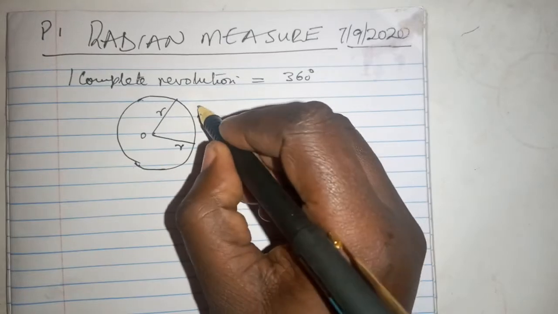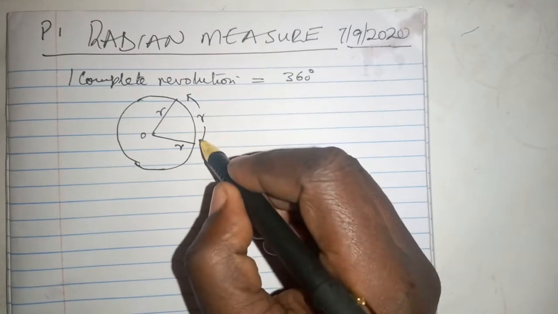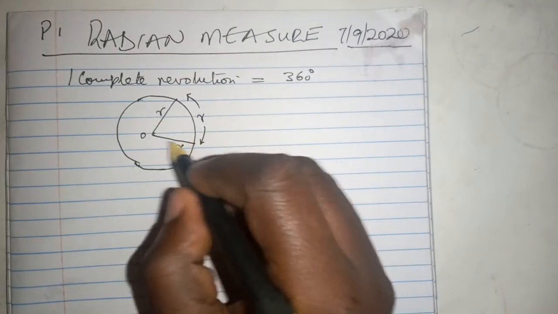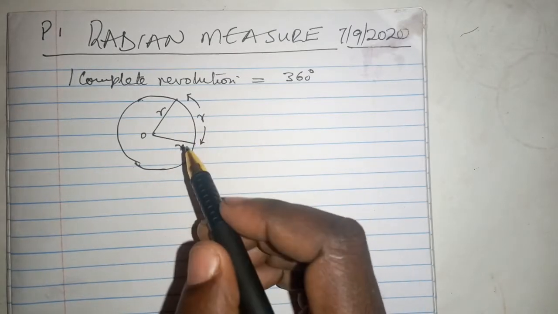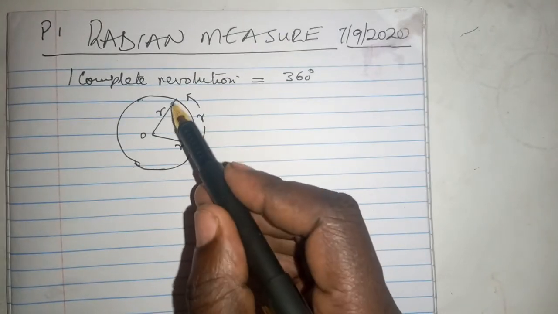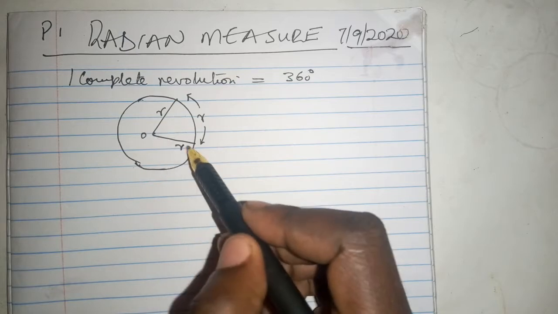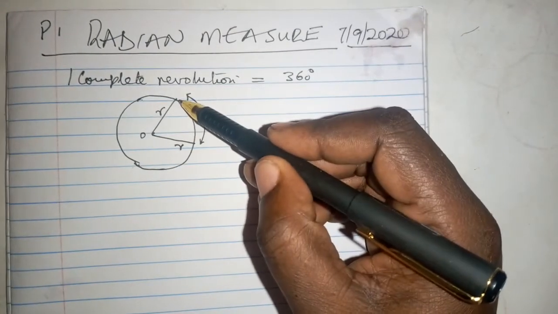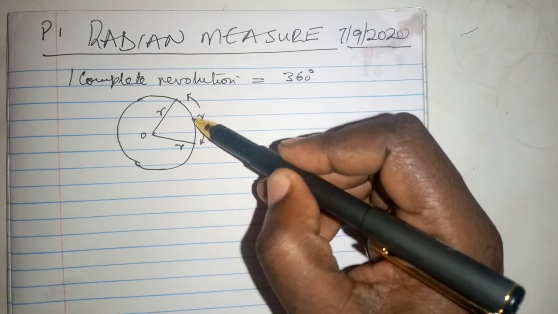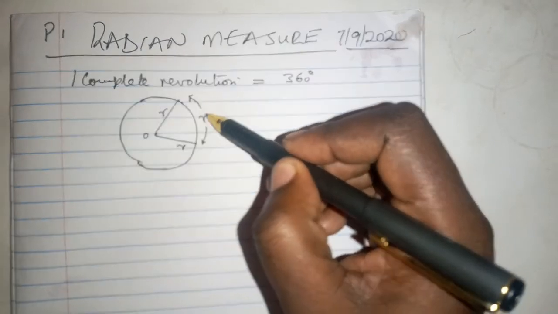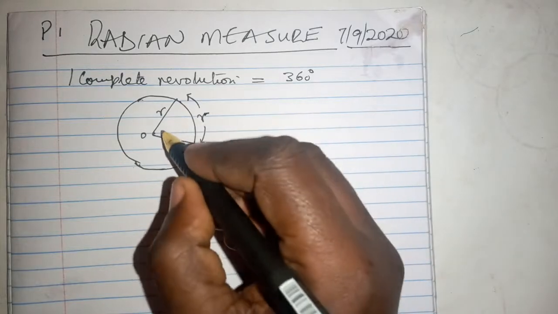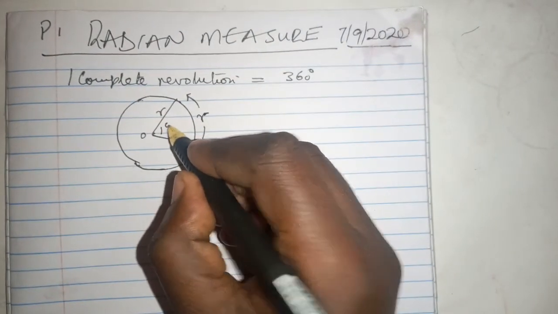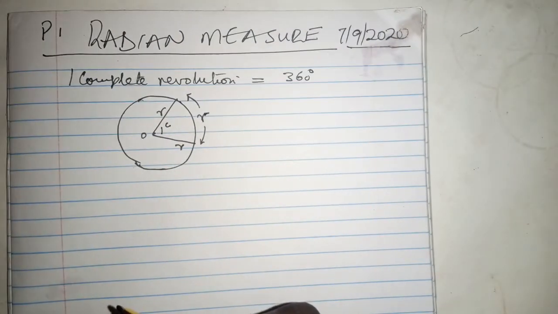If this arc length is equal to the length of the radius of the circle, then we have 1 radian angle subtended at the center of the circle.